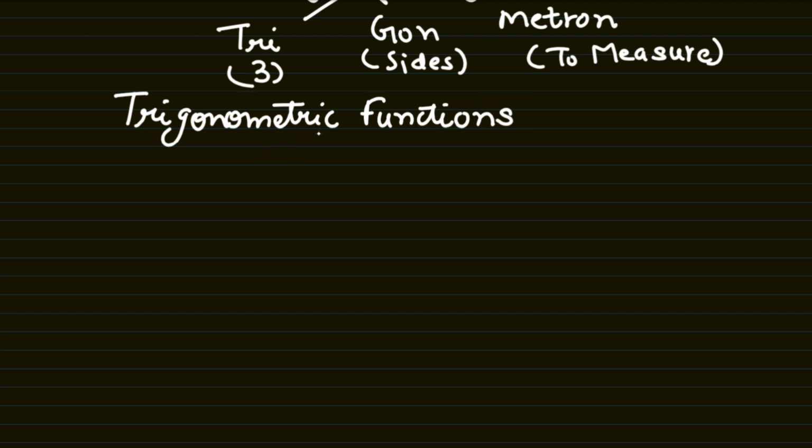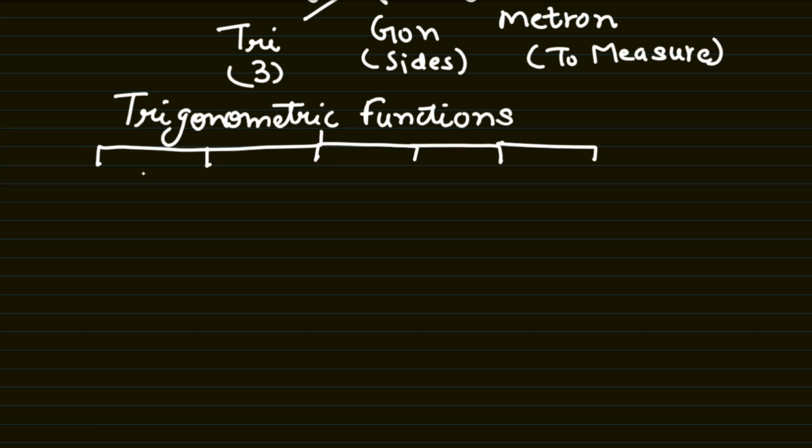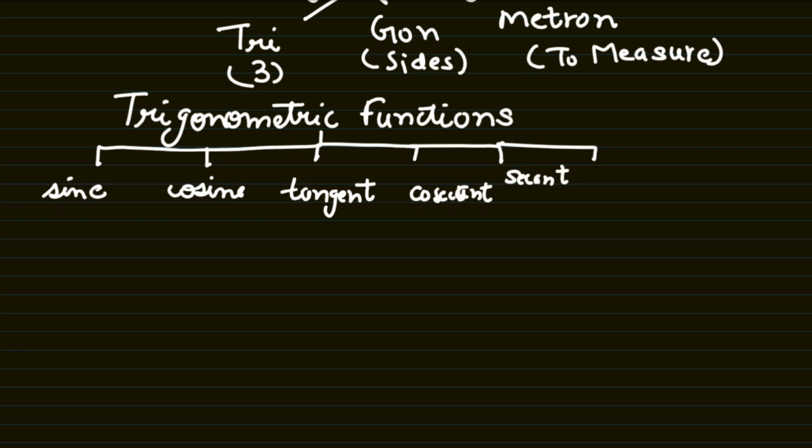These six functions are sine, cosine, tangent, then we have cosecant, secant and cotangent. These are the six trigonometric functions which will help us to find the relationship between the acute angle of a right angle triangle and the sides of a right angle triangle.